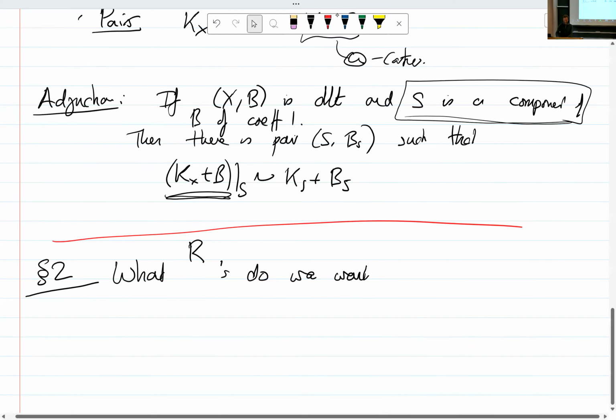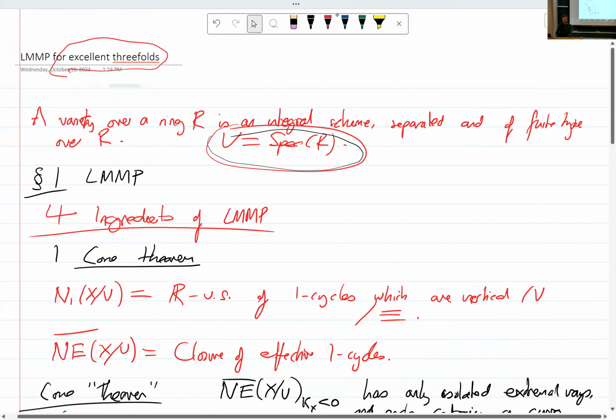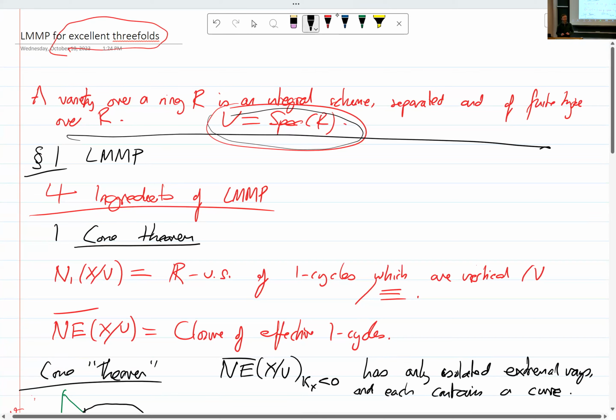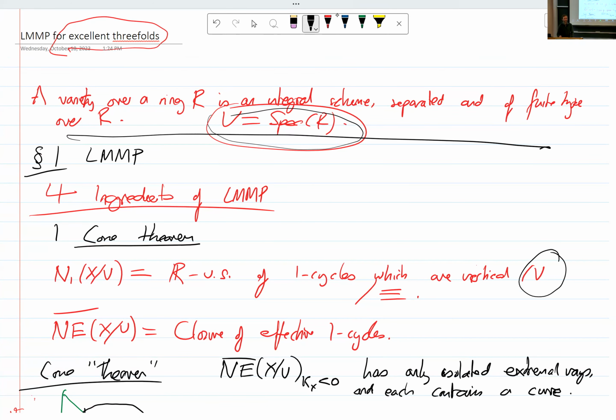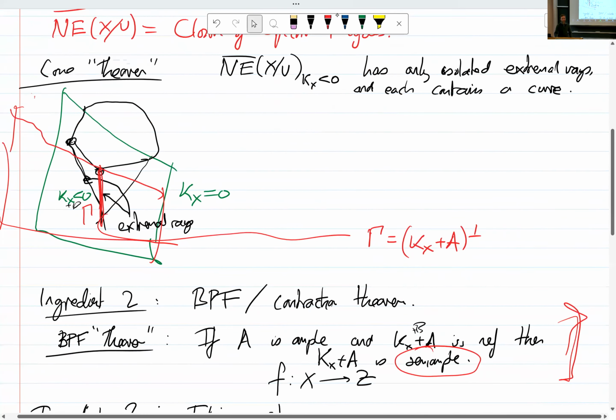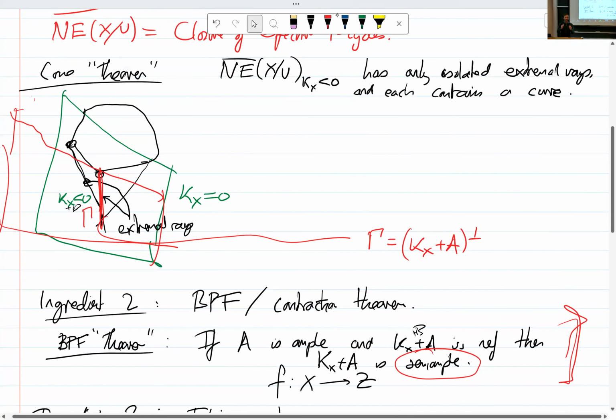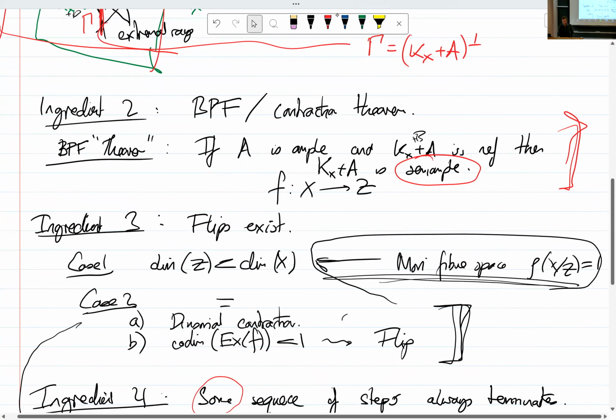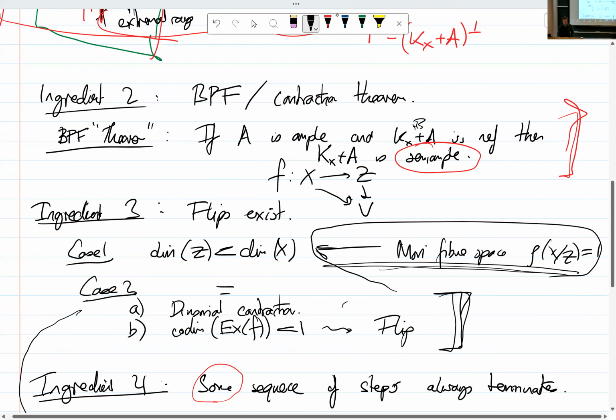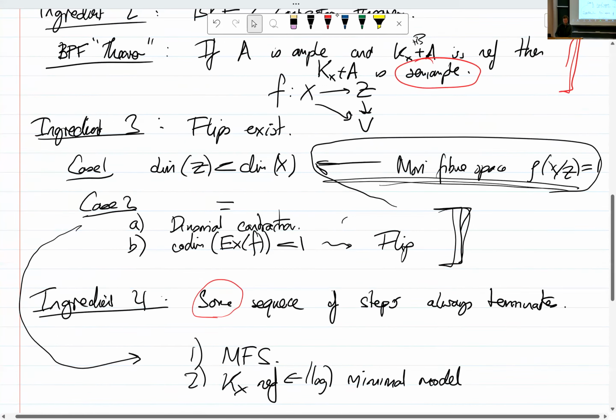What is R? It's just supposed to be the base. So every curve that we contract is vertical over this Spec R. This V is over Spec R, and every flip, divisorial contraction, Mori fiber space has happened relative to Spec R. So really, this all has V over V, which is Spec R underneath it.